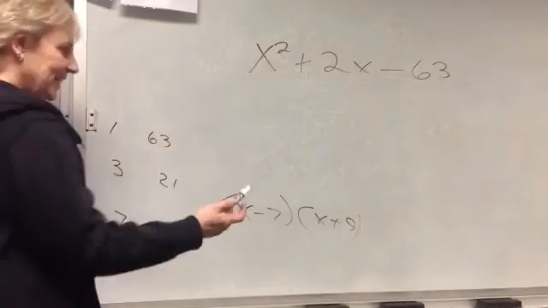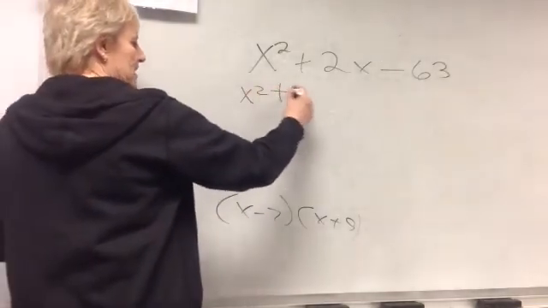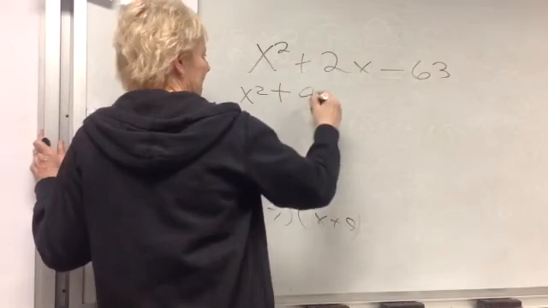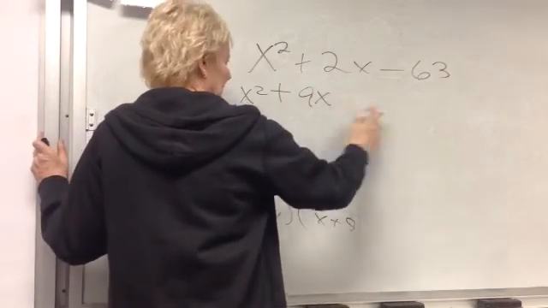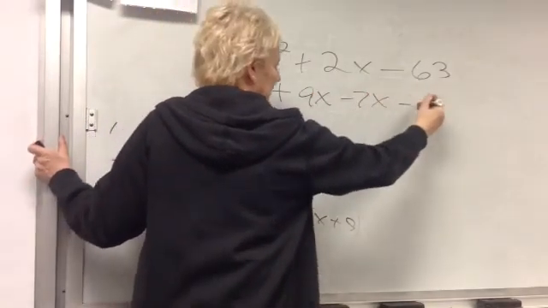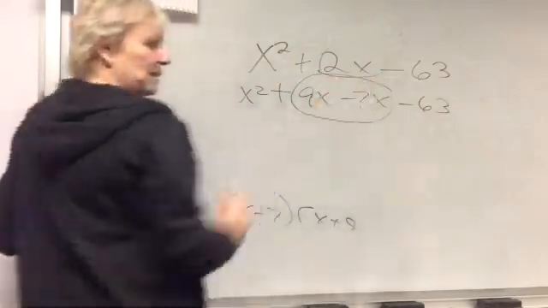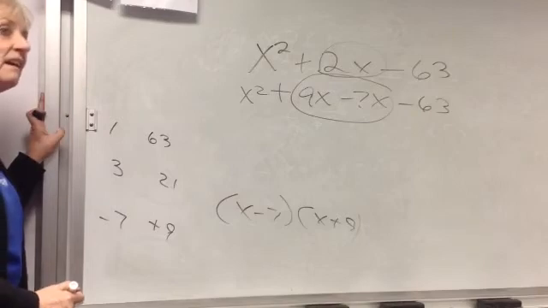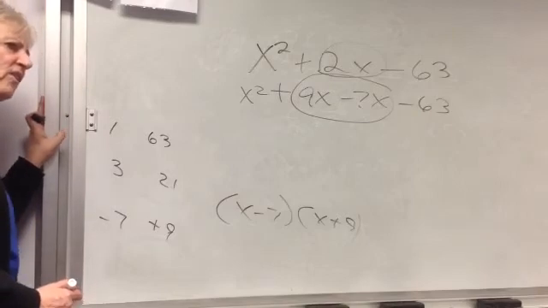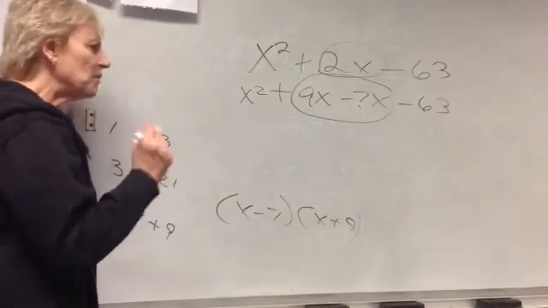Now I'll show you how we got that. Okay, x squared plus 9x minus 7x minus 63. All we did was rewrite 2x as 9x minus 7x. If I did this on a test, would I get points off for not showing work? Oh no. A good math student will never do this.